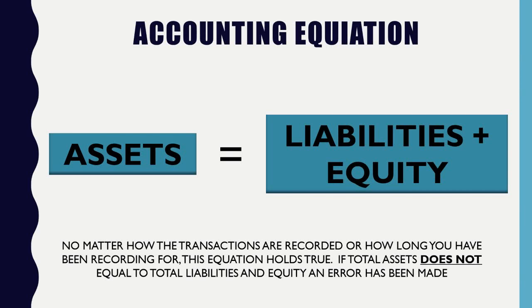This accounting equation ensures a lot of your accounting accuracy, making sure that you've done your accounting correctly. Because if your assets do not match your liabilities and equity, you have a problem. You either recorded something incorrectly or forgot to record something, but something has gone wrong because it's not balanced.